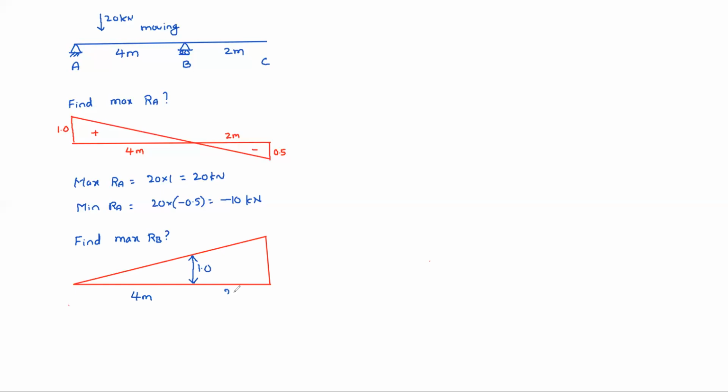This is 2 meters. So it is 6 by 4, that is 1.5, right? Here 1.5 at the end. So obviously the maximum ordinate is 1.5. So maximum RB equals 20 into 1.5, that equals 30 kilonewtons. Maximum RB is 30 kilonewtons.